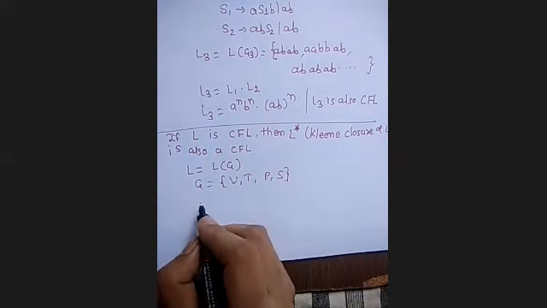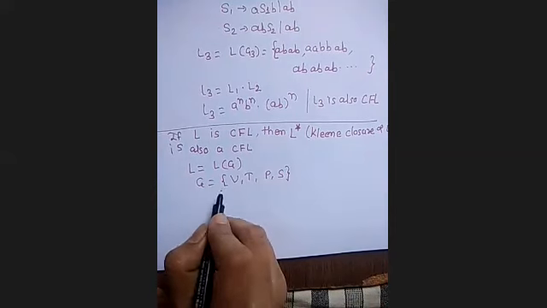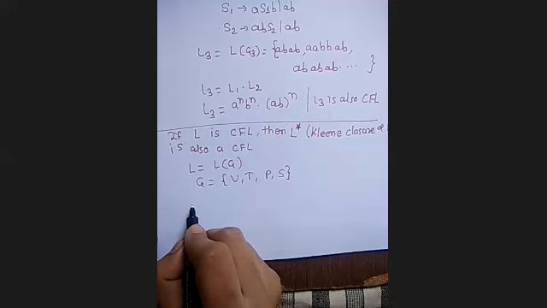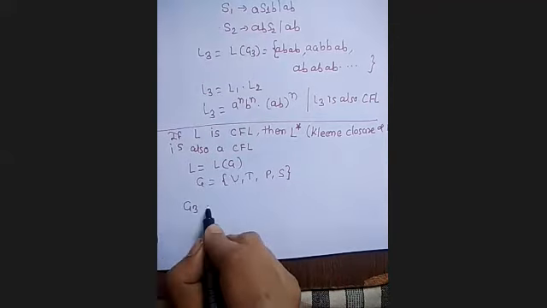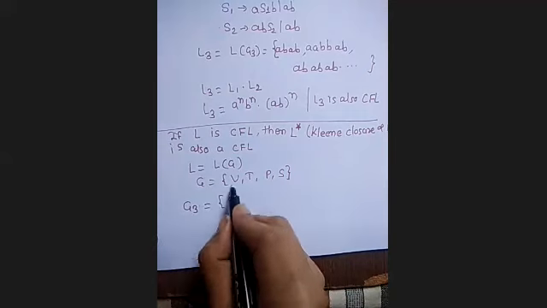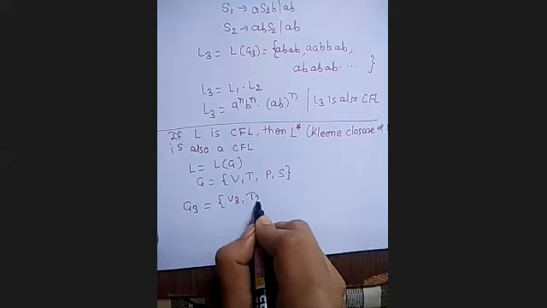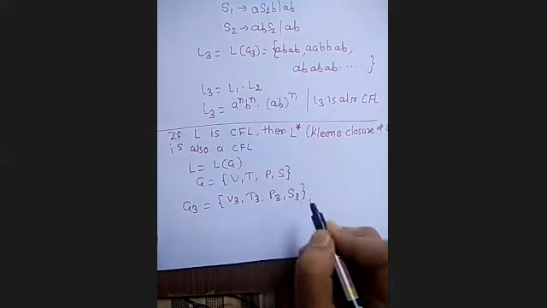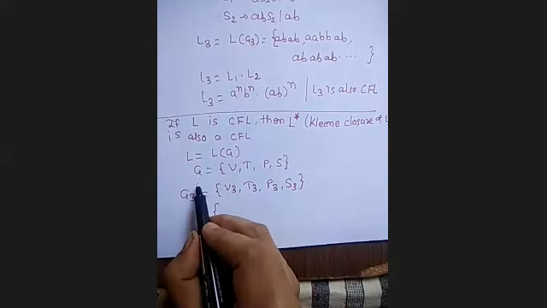What we have to prove is L closure. Okay. So our new grammar. So let us use the same terminology. Let G3 be equal to V3. Okay, I'll write first and then we'll consider what will be the V3, T3, P3 and S3.